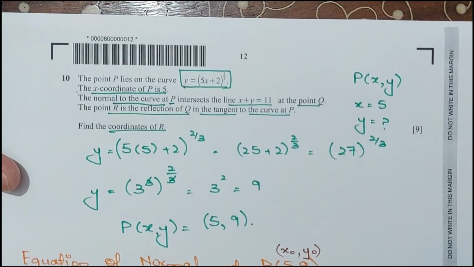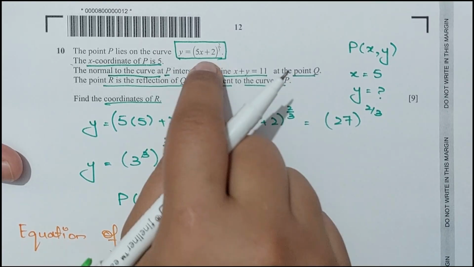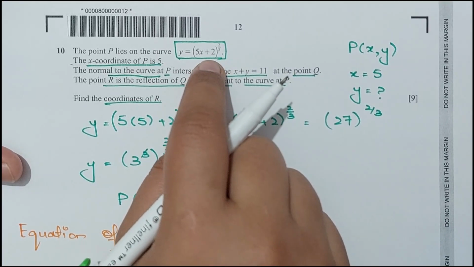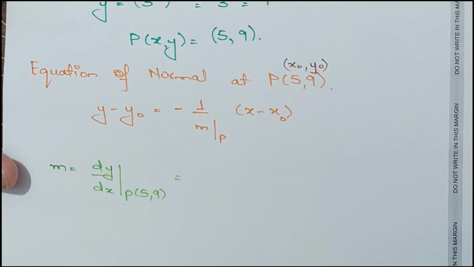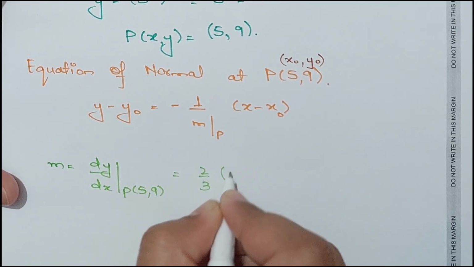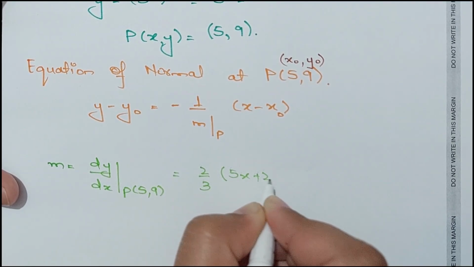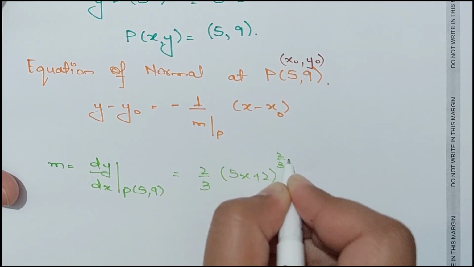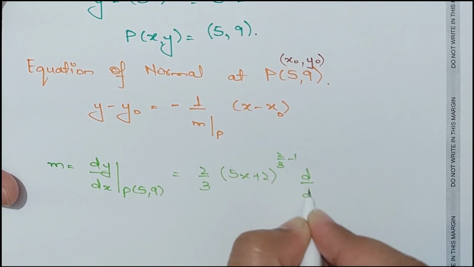Okay, so we have the curve. How can we find its derivative? We have to apply the power rule. First, we apply the power, which is 2 by 3, times the base function 5x plus 2, to the power minus 1, times the derivative of the base function.